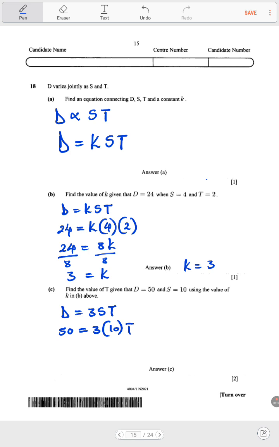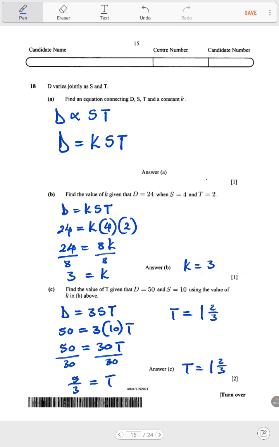Now we can find the value of T. 50 is equal to 30T. If you divide both sides by 30, you're going to have 5 over 3 being equal to T, and 5 over 3 is 1 and 2/3. So you can say here T is equal to 1 and 2/3.